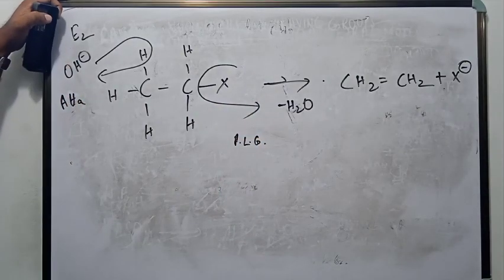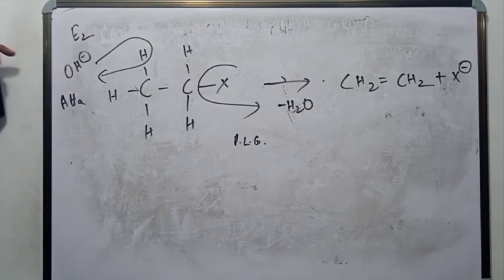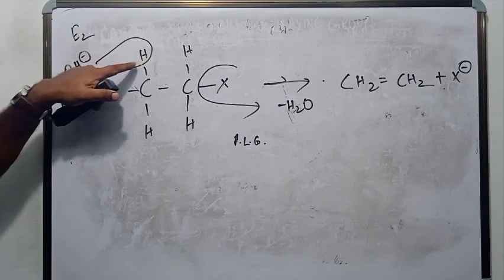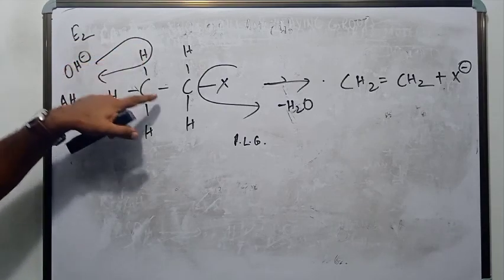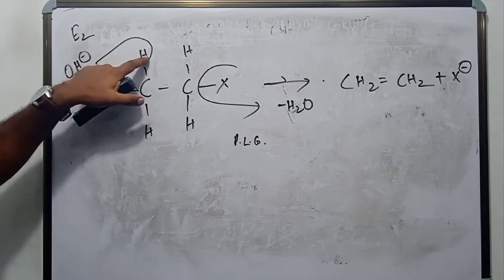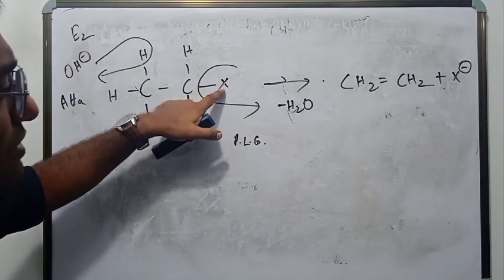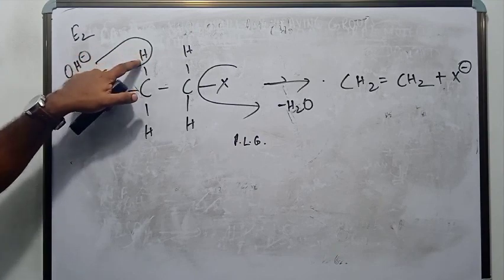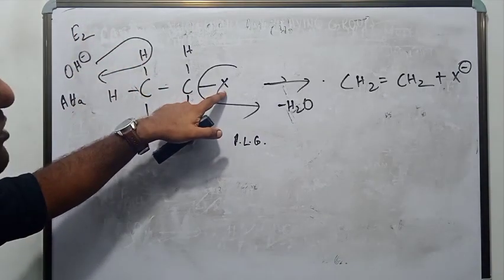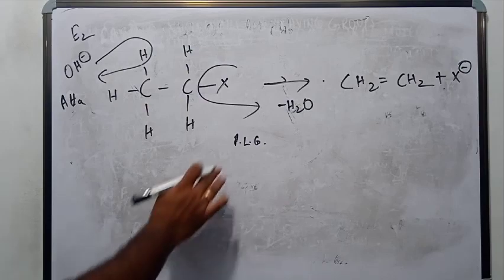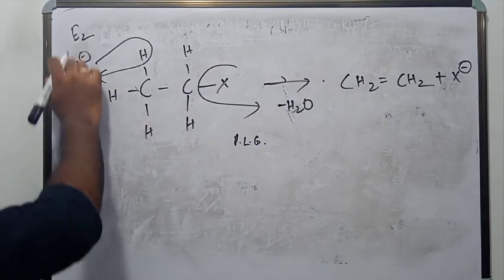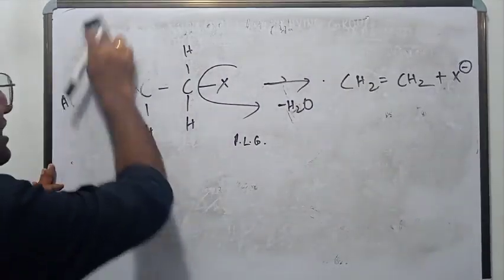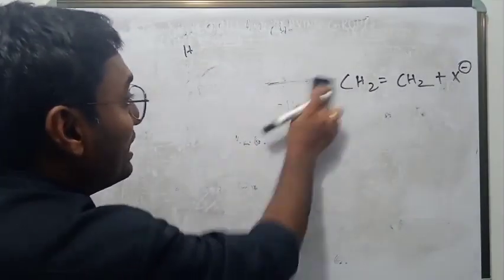The attacking nucleophile should be strong so as to collide with this primary alkyl halide and knock out a proton. The leaving group should also wait for the attacking nucleophile to knock out a proton, so that should also be a poor leaving group. So a poor leaving group and a strong nucleophile would favor E2 reaction. So that is how it impacts E2 reaction.